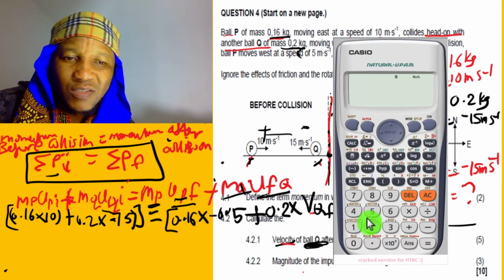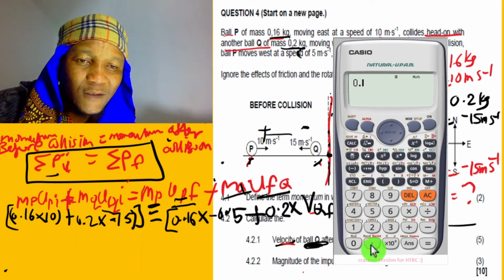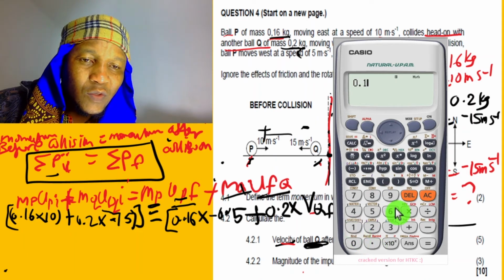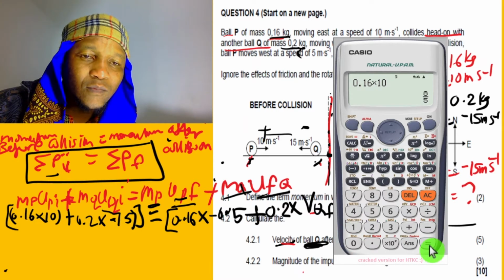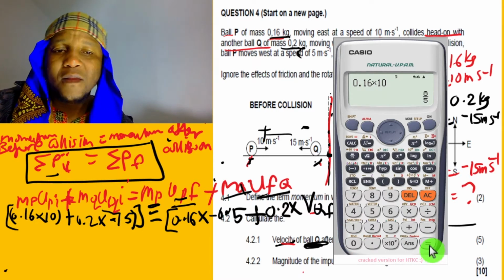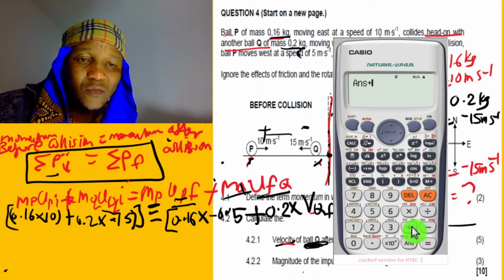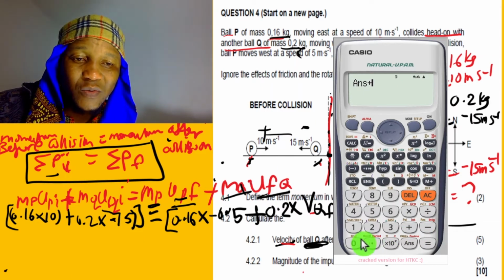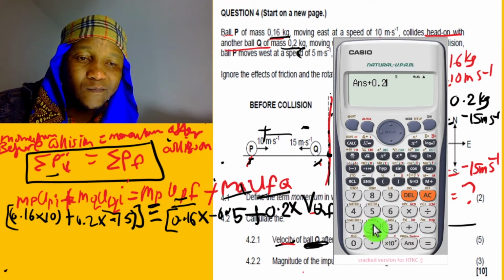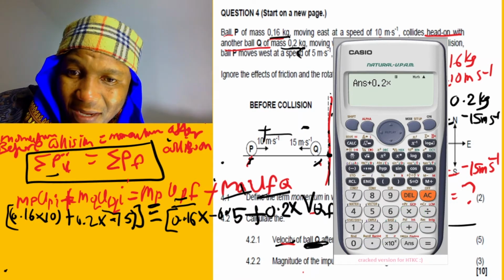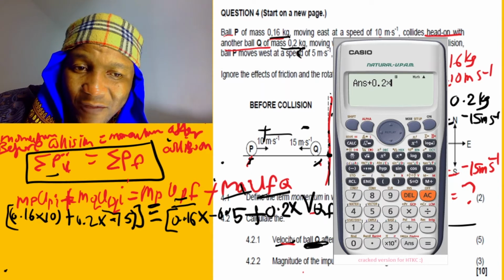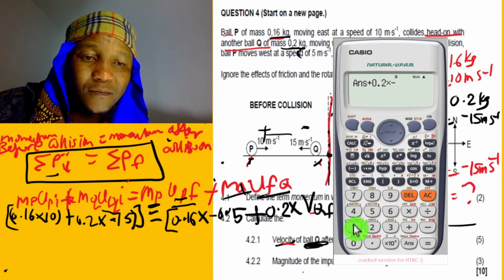That's going to give us whatever you're going to get. And then we plus 0.2, then you multiply by negative 15 because it was moving to the left, by negative 15.